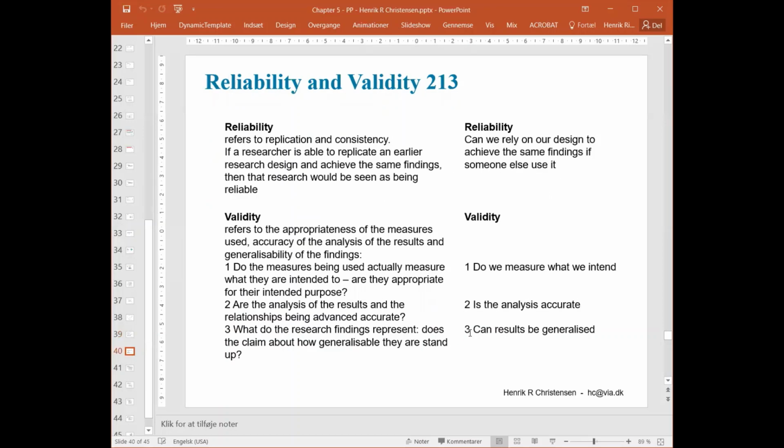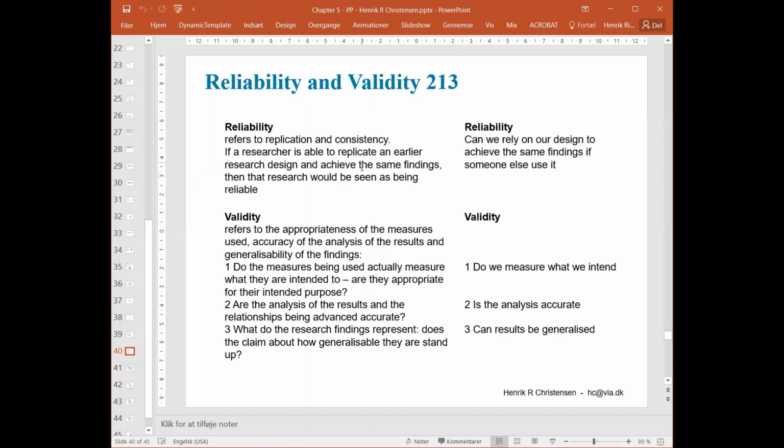So these were strategies. Now we need to turn to two terms, namely reliability and validity. Because when we do research and when we collect data and we design the process for collecting these data that we would like to use, we need to relate to reliability, which is, as it says here, can we rely on our design to achieve the same findings if someone else uses our design?